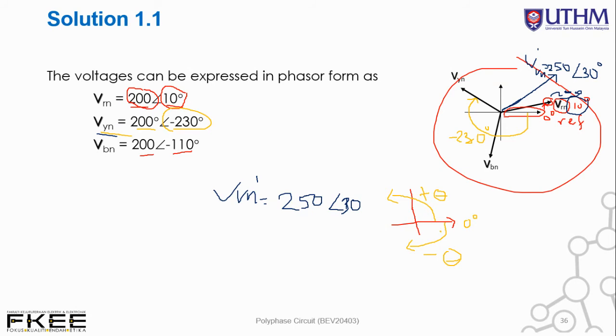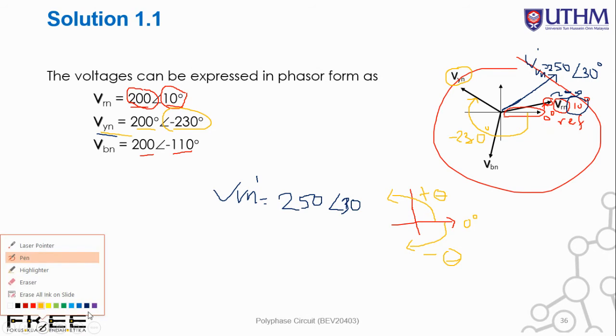Just like the first example, positive 10 means it is going upward, or CCW. VYN, the second phase, is negative 230, so it is going down, the CW direction, up to this position. So this is your VYN, the second phase.